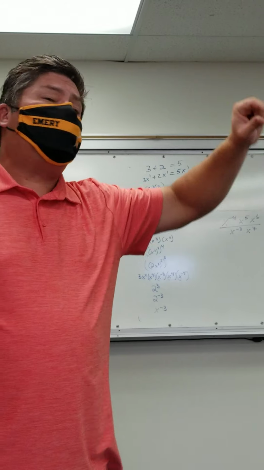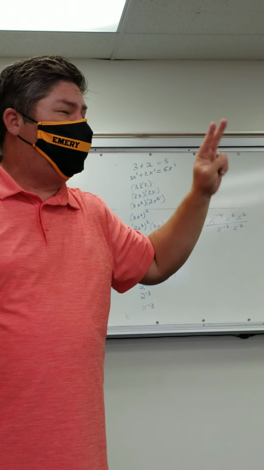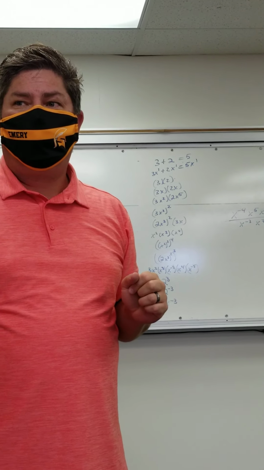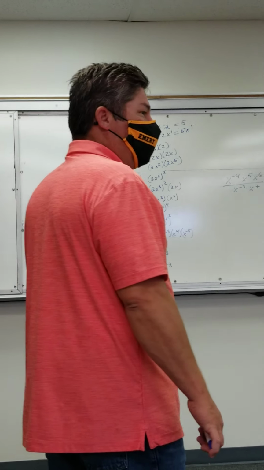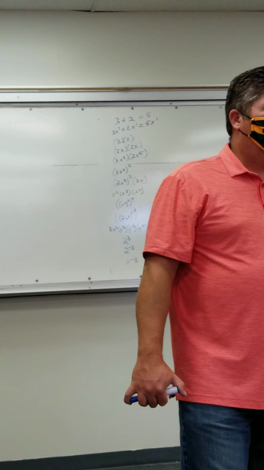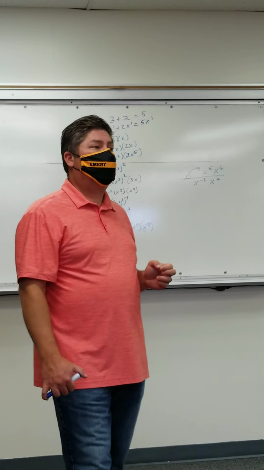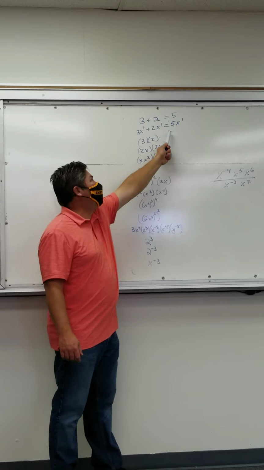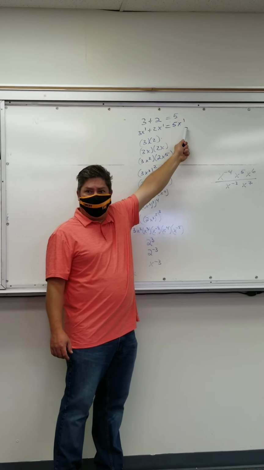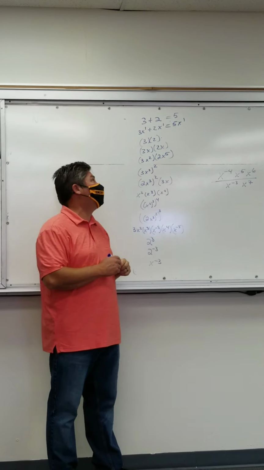The exponents are a step behind the coefficients. So notice I added the coefficients, but I did nothing to the exponent. That's going to come in handy as we go through these.